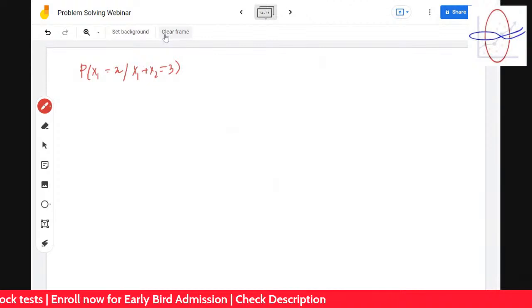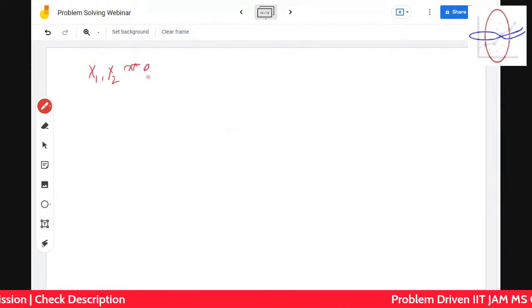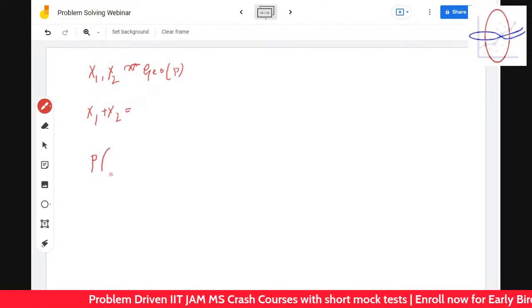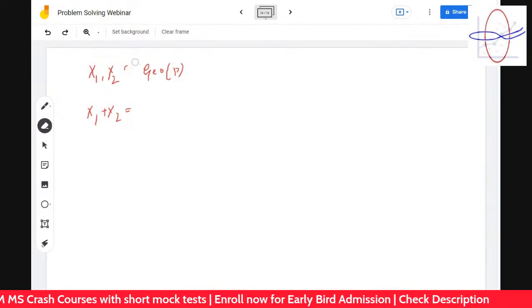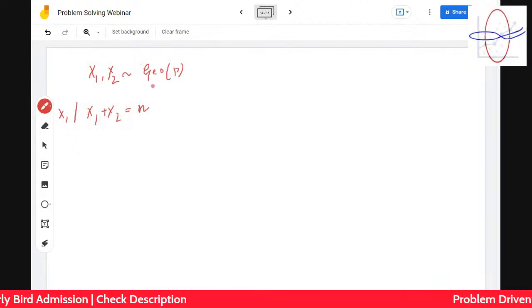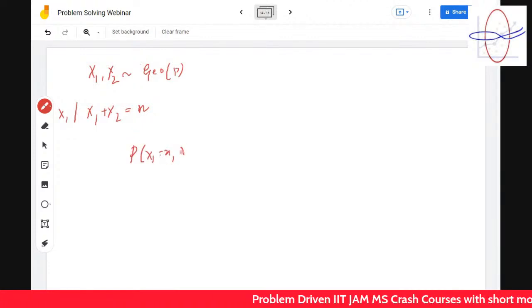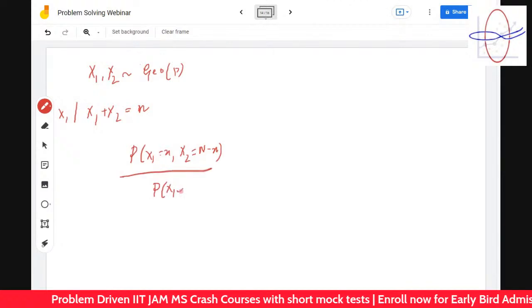Let's redo it for geometric then. x1, x2 follows geometric with probability P. So geometric P ka sum is negative binomial. So what is the distribution of this? Is n. So probability x1 is equal to x and x2 is equal to n minus x, by probability x1 plus x2 is equal to n.